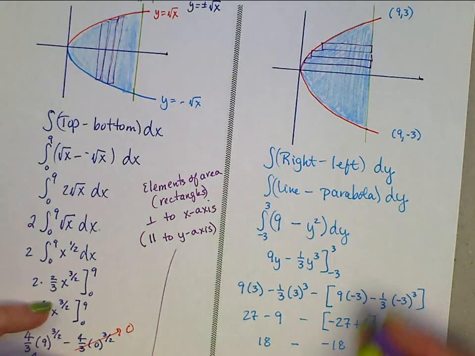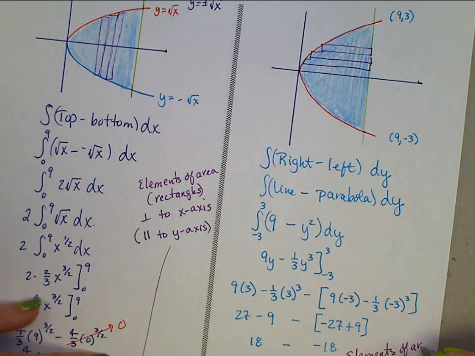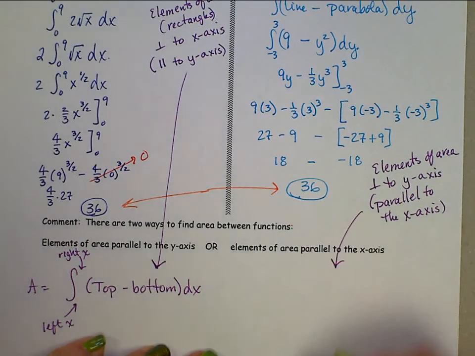These are called elements of area that are perpendicular to the y-axis. But perpendicular to the y-axis is parallel to the x-axis. This setup is area.